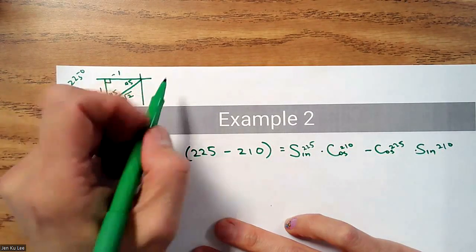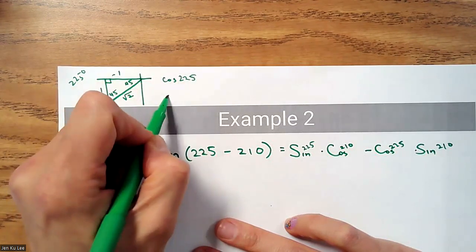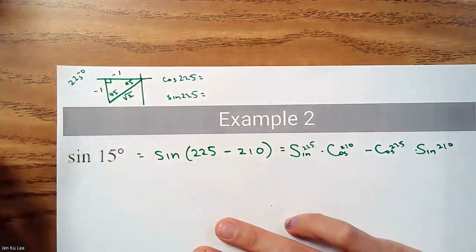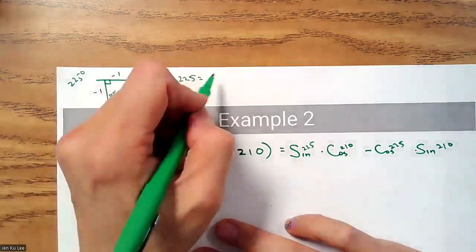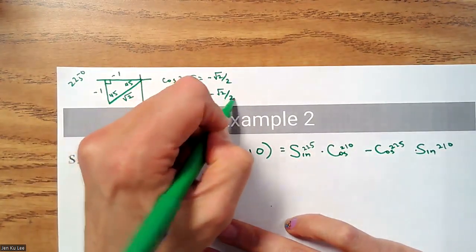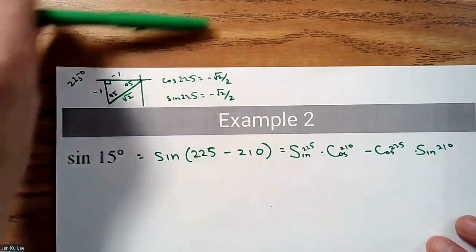So cosine of 225 and sine of 225 are both negative square root of 2 over 2. That's 225.